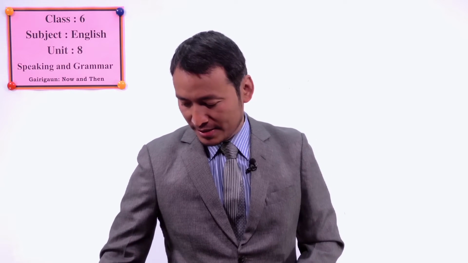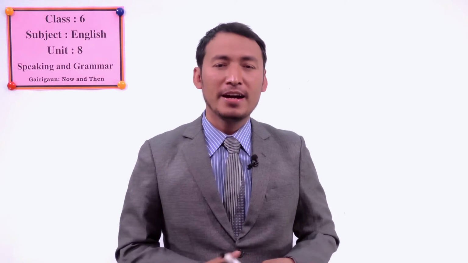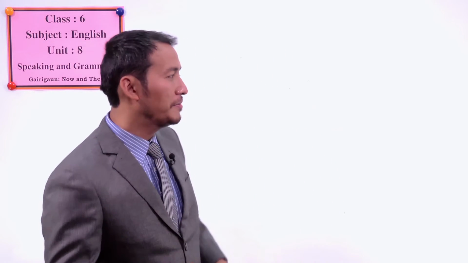You might share your experience, your habit, whatever you did in the past. So you can talk about it by using "used to". Now I would also like to give you some ideas before starting the grammar section. We have now completed the speaking section. Before we start the grammar one, let me just add some ideas about talking about the past.